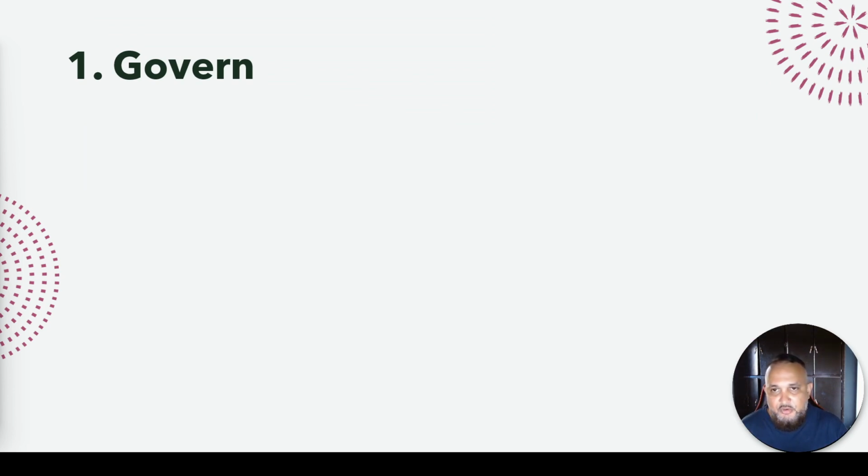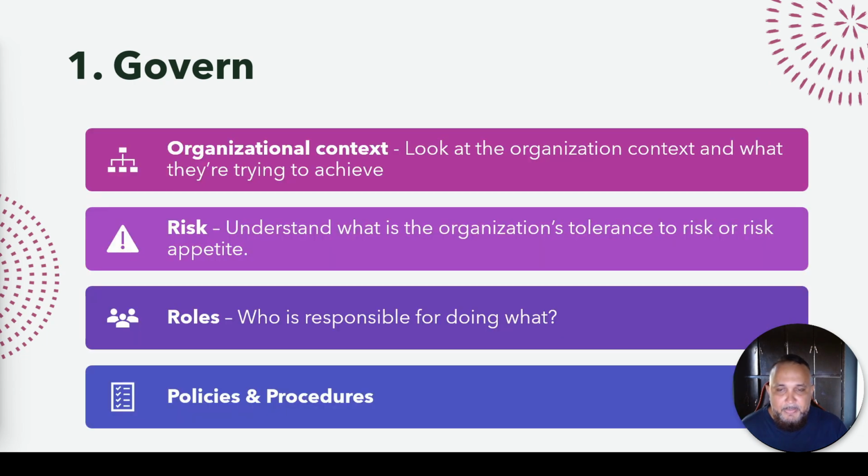So starting off with the govern function, right? For the govern function, we deal with organizational context. We discuss organizational context here. So what this does, basically, the organization looks at itself, and we try to figure out what we are trying to achieve from a cybersecurity point of view.